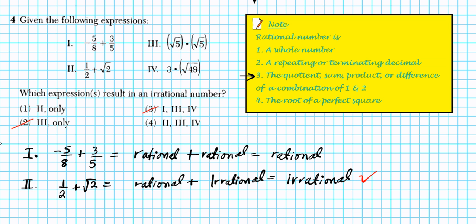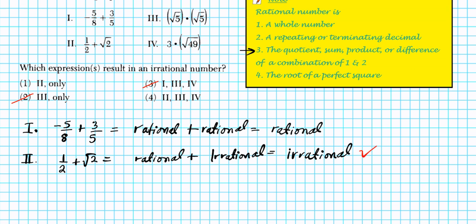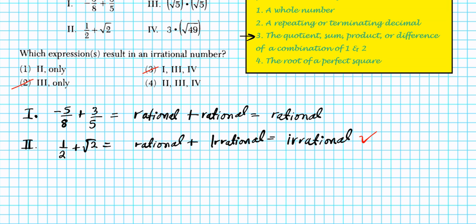So let's test one more. Let's test option 3 to see what's going on here. If option 3 is not irrational, then our answer will be number 1. So what is the square root of 5 times the square root of 5? Now, you want to be careful here.